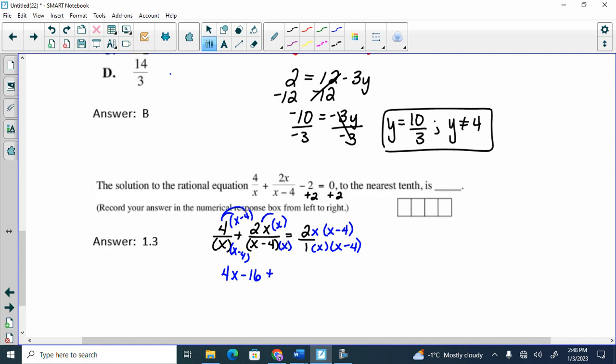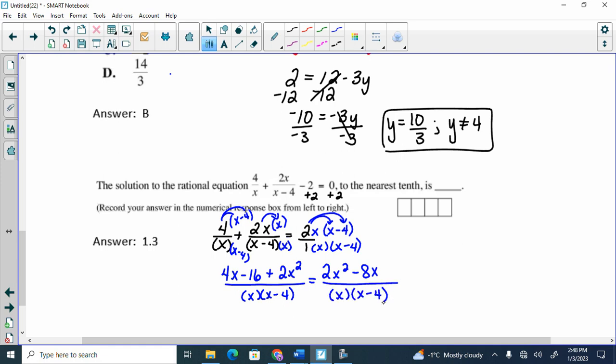plus 2x squared over x minus 4 equals 2x squared minus 8x. Now people might be freaking out because they see the x squared. This one's actually nice because the x squareds are going to cancel.